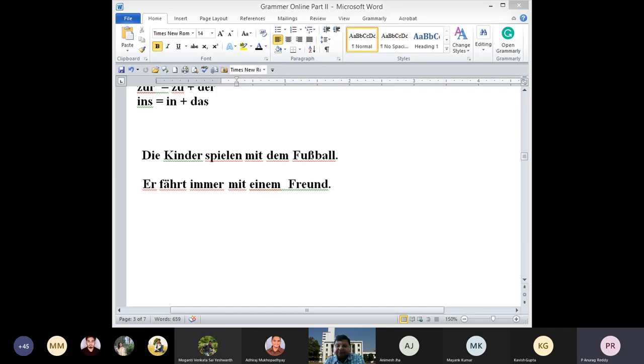Ich bin 19 Jahre alt. Haben Sie ein Auto? Nein, ich habe nicht Auto. No. You should say ich habe kein Auto. I have no car. Ich habe kein Auto.